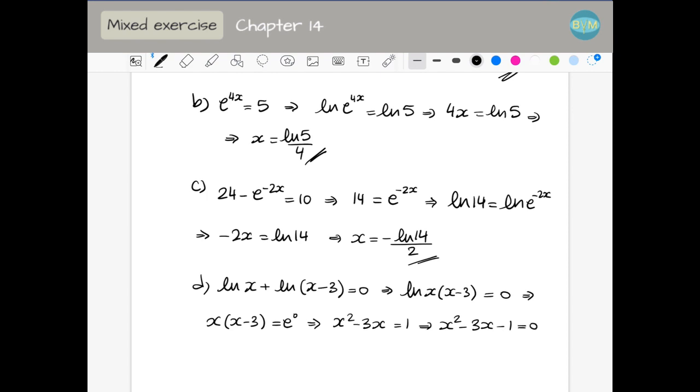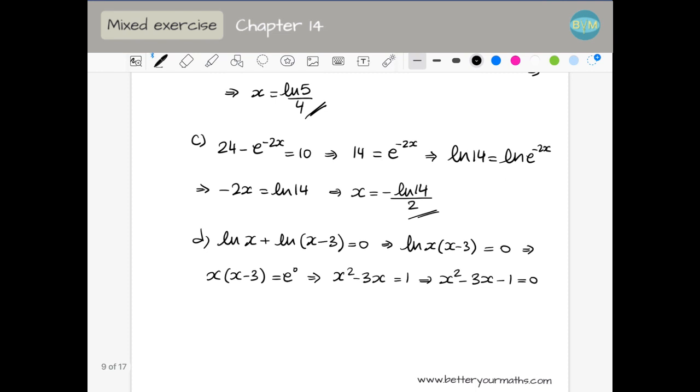It's not easy to factorize, so I'm going to use the quadratic formula. So x is going to be equal to plus or minus b, which is minus 3, so minus 3 becomes plus 3, plus or minus the square root of b squared, so minus 3 squared, which is 9, minus 4ac. a is 1 and c is minus 1, so this becomes a plus 4, divided by 2a, and a is 1, so divide by 2.